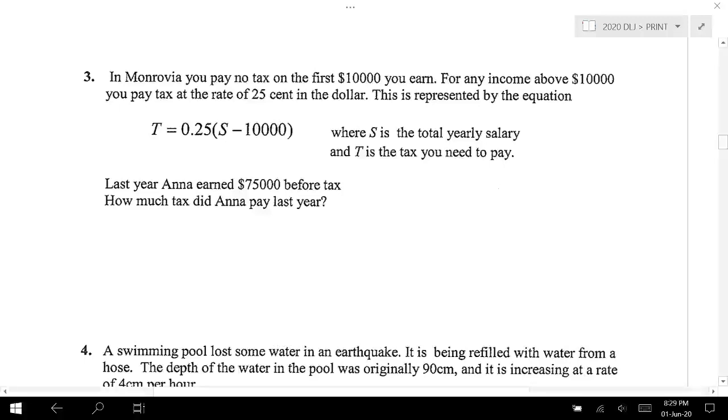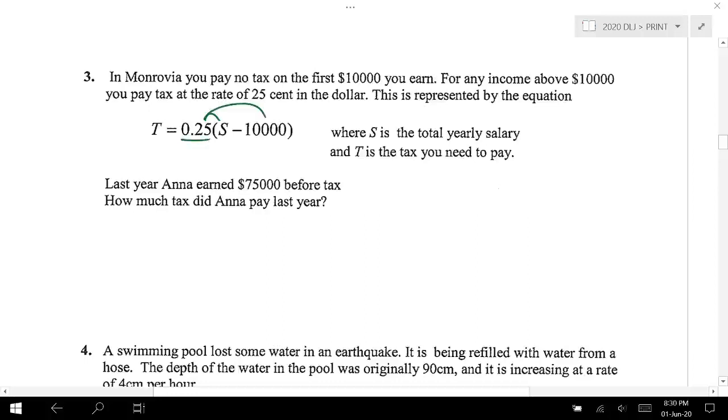But what we can do is just expand the bracket, and then we will get something more familiar. So when you expand a bracket, you want to take this number and multiply it by both of the numbers inside.